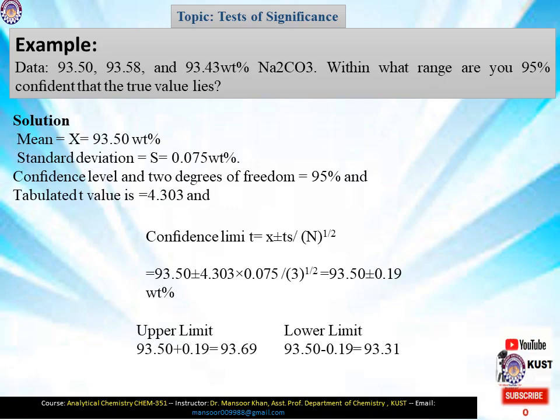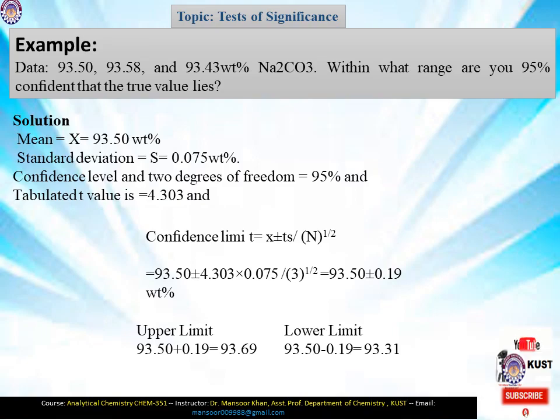Now, as we mentioned in our previous lecture, when we increase the confidence interval, the confidence level increases. So if we increase from 93.69 to 93.70, 93.71, and on the lower limit, if we decrease the value from 93.31 to 93.30, 93.29, it means that we are increasing the range.